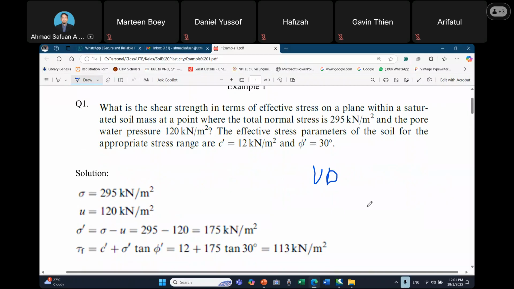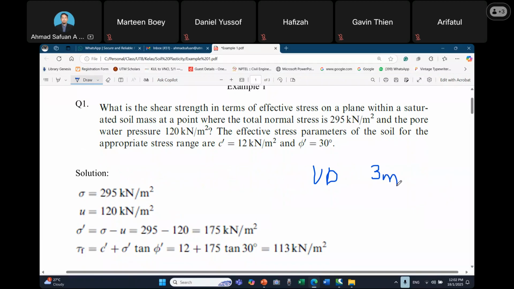When we read the bore log, we identify the depth at which they collected the undisturbed sample. Let's say the depth is 3 meters.